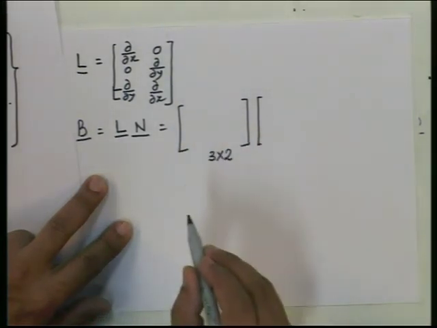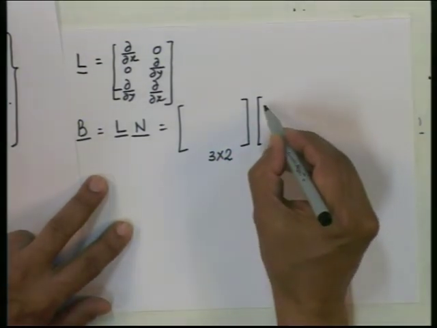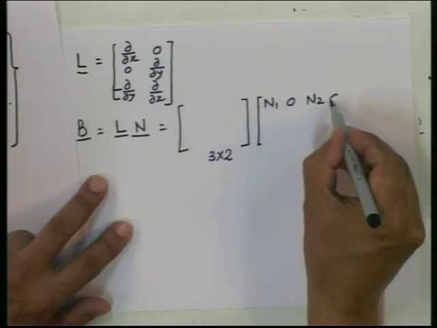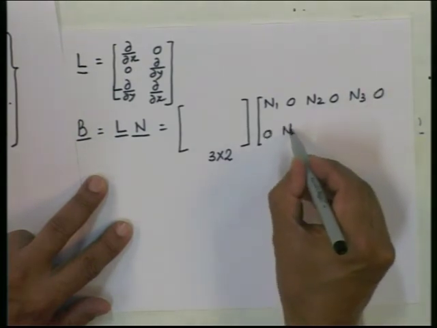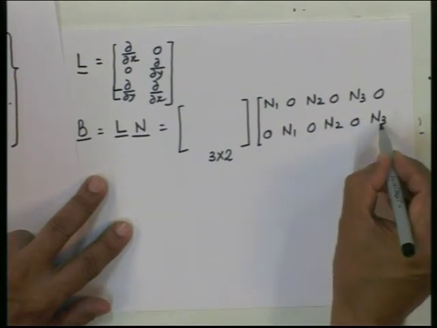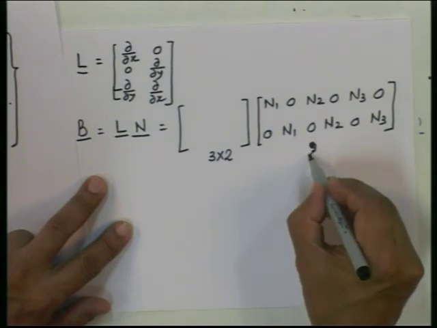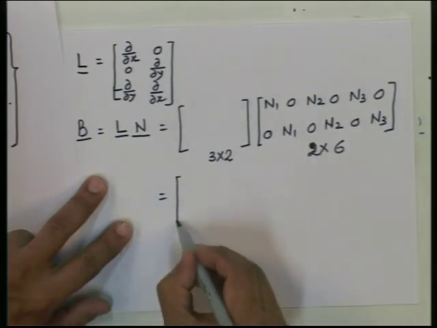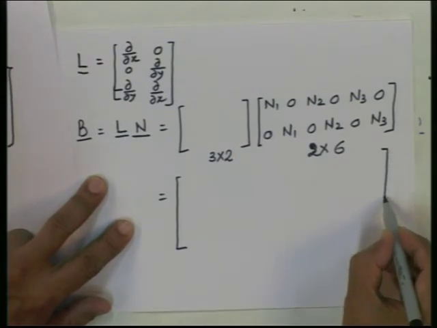L is 3 rows, 2 columns, and N is 2 rows by 6. So, finally, you will get 3 by 6.